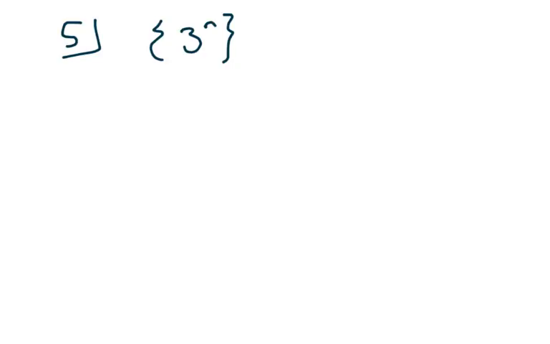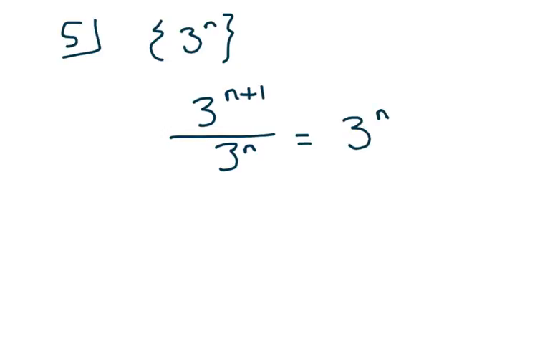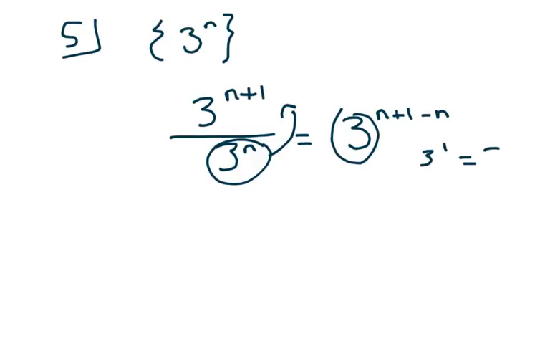So to find if this is geometric, what we're going to do on number 5 is write this out as the next term over the current term, which we can rewrite as 3 to the n plus 1 minus n. Remember, when you bring this up, we just change that to negative. We have a common base here, which equals 3 to the first term, which equals 3.